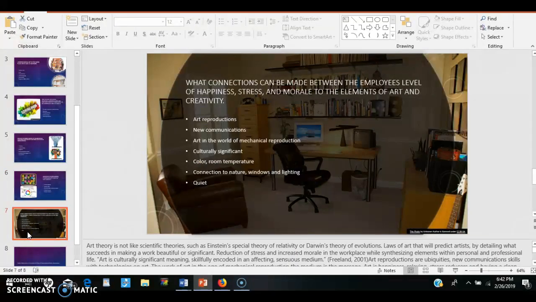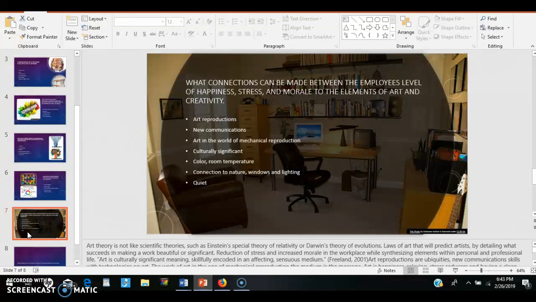What connections can be made between the employee level of happiness, stress, and morale to elements of art and creativity? Art theory is not like scientific theories such as Einstein's special theory of relativity or Darwin's theory of evolution. Laws of art protect artists by detailing what succeeds in making a work beautiful or significant.